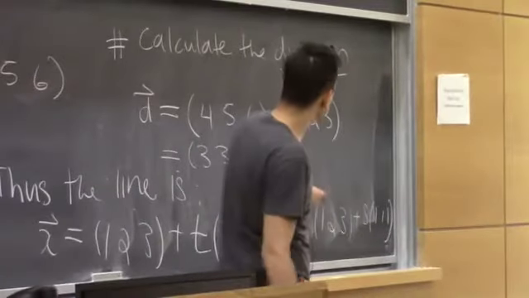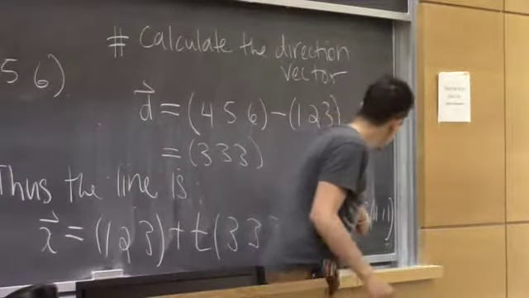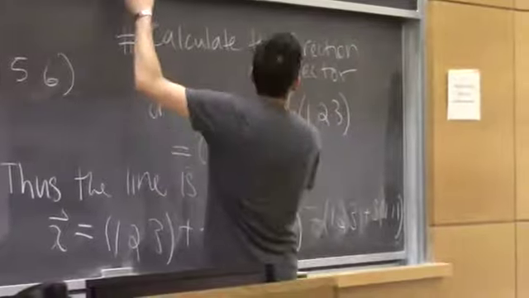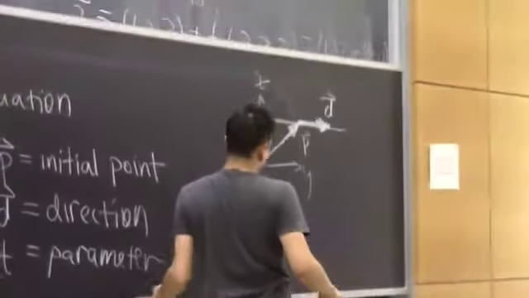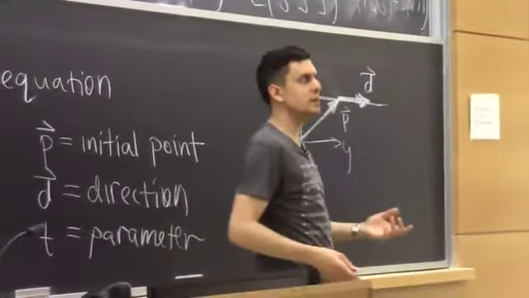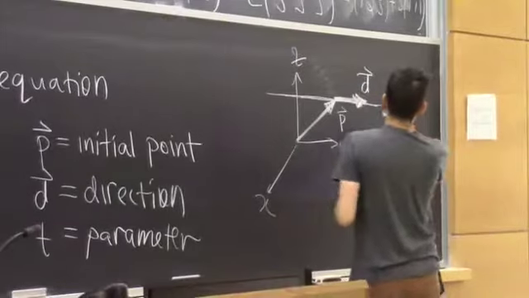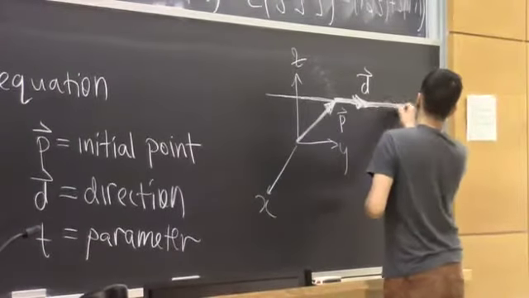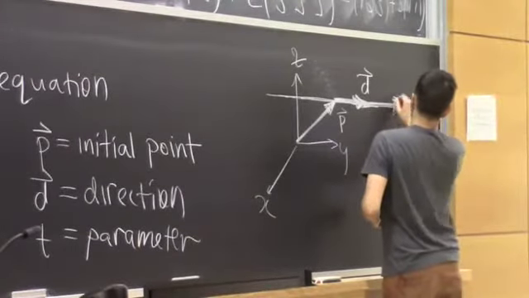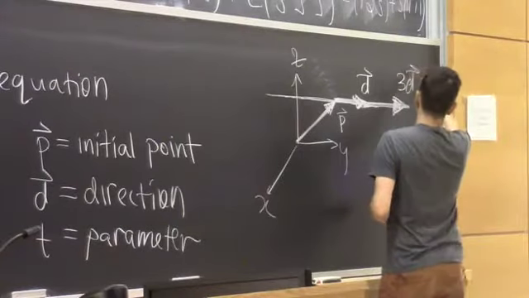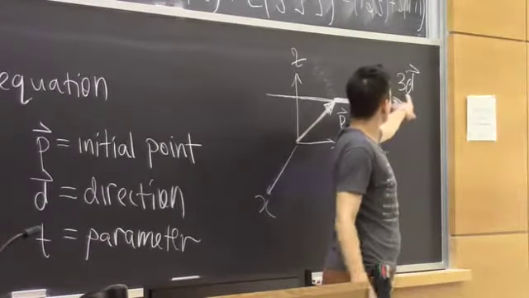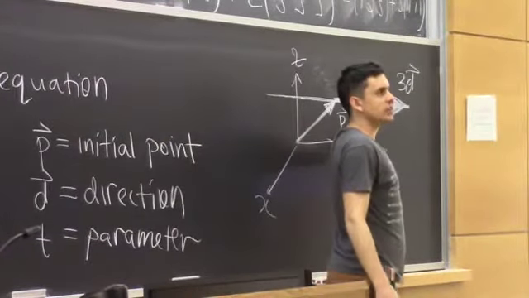Okay, but I've changed my variable now. I've gone from s to t. What does that correspond to geometrically? It means I'm switching from three times a direction vector to just the direction vector.